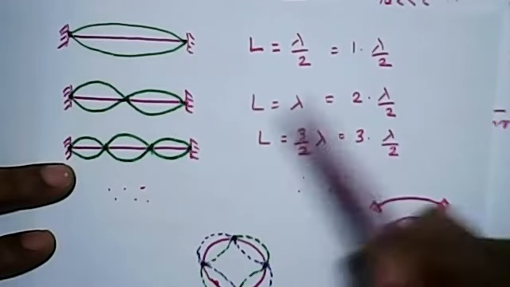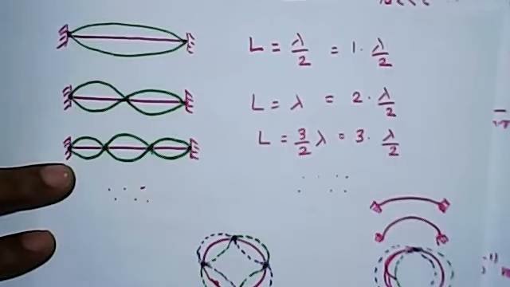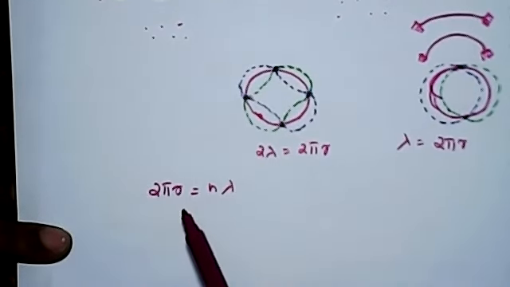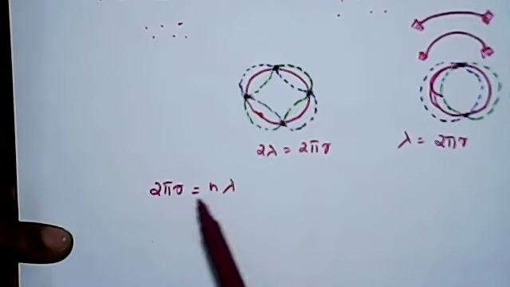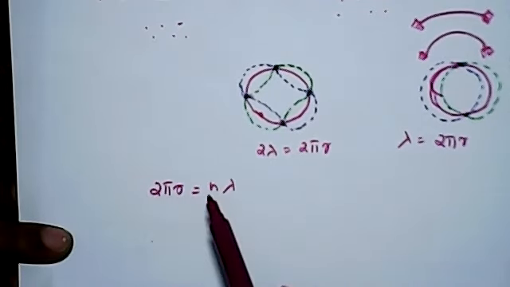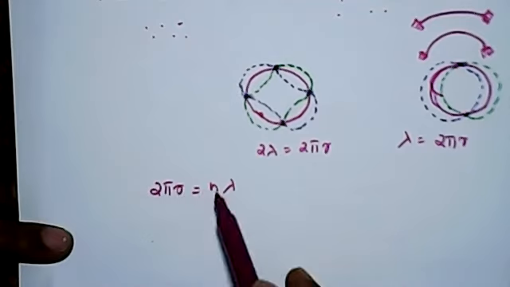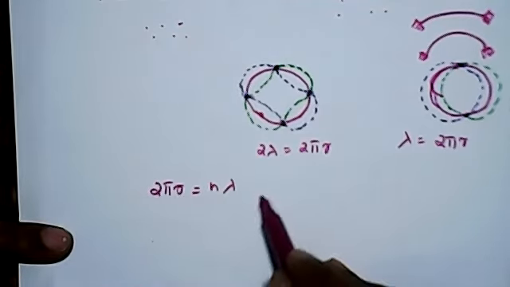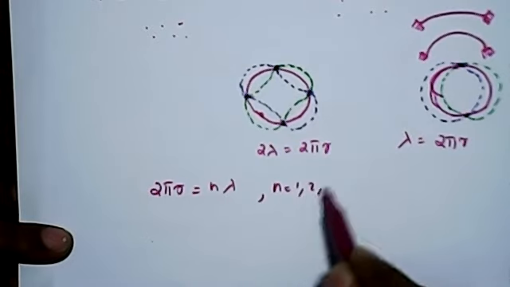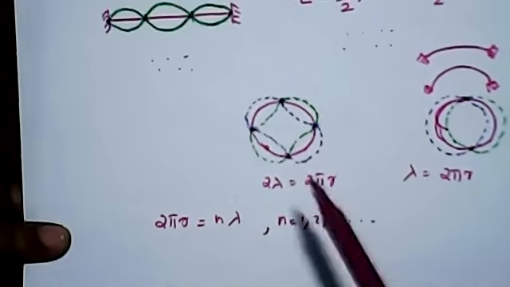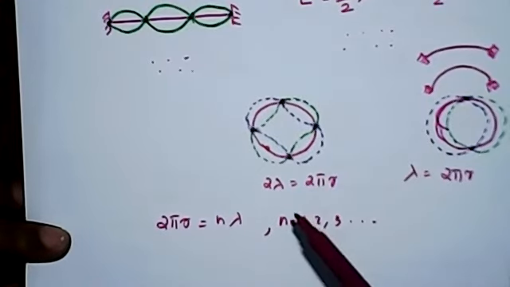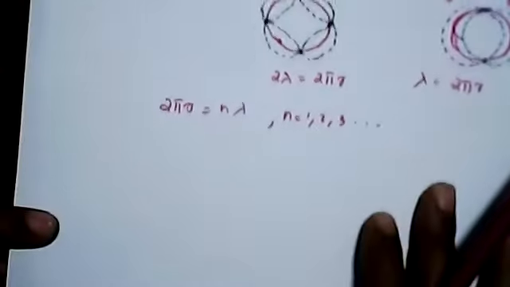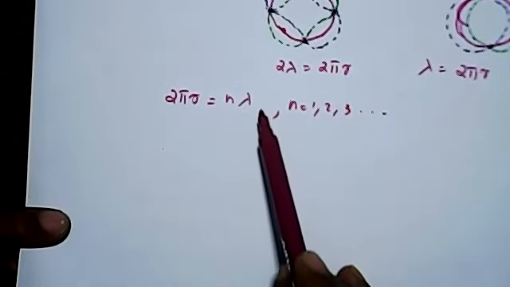But in the case of de Broglie wavelength, in the case of an atom, in a circular orbit, 2 pi r equals an integral multiple of lambda, where n equals 1, 2, 3, etc. That is the difference. Even though we compare, the results are slightly different. Here it is an integral multiple of lambda by 2, here it is an integral multiple of lambda.